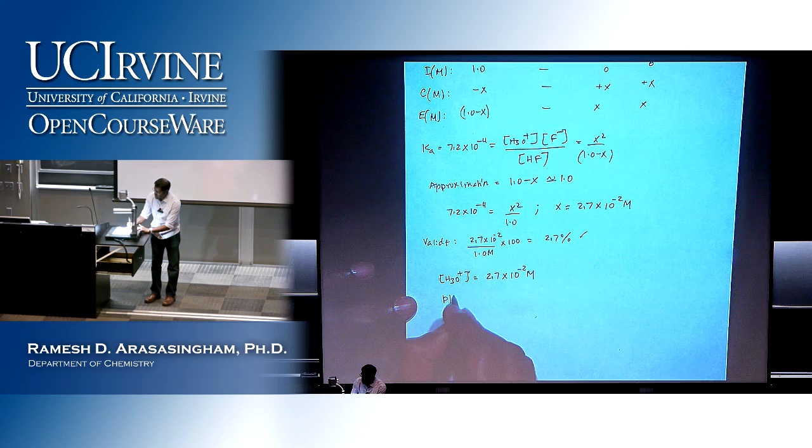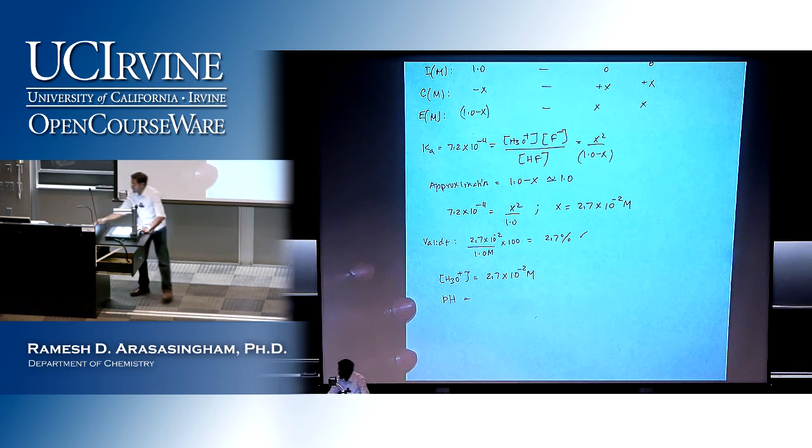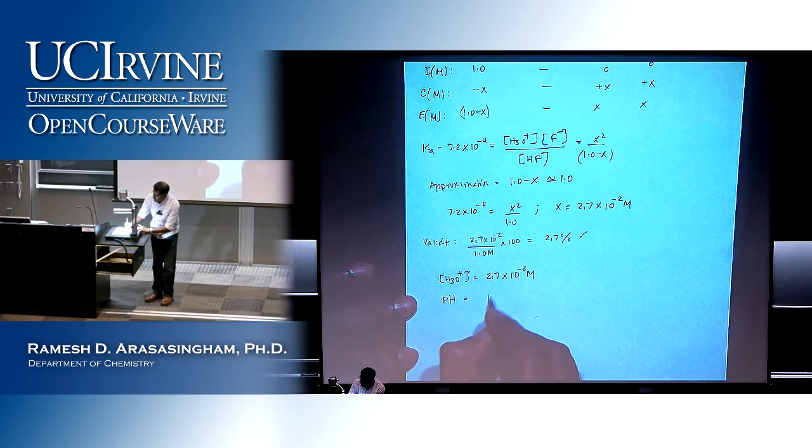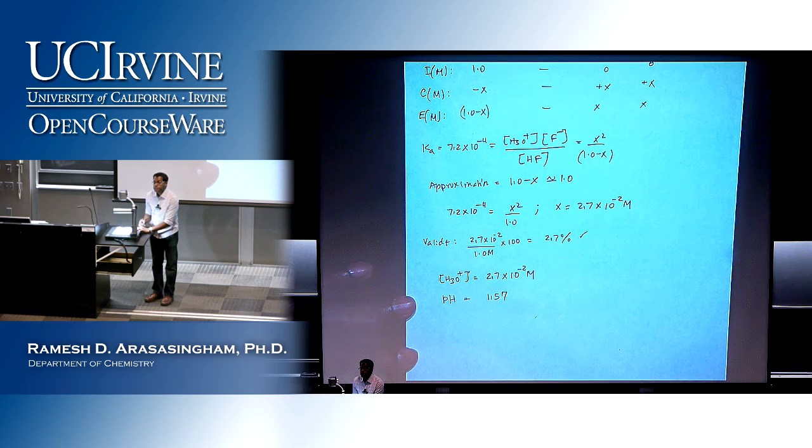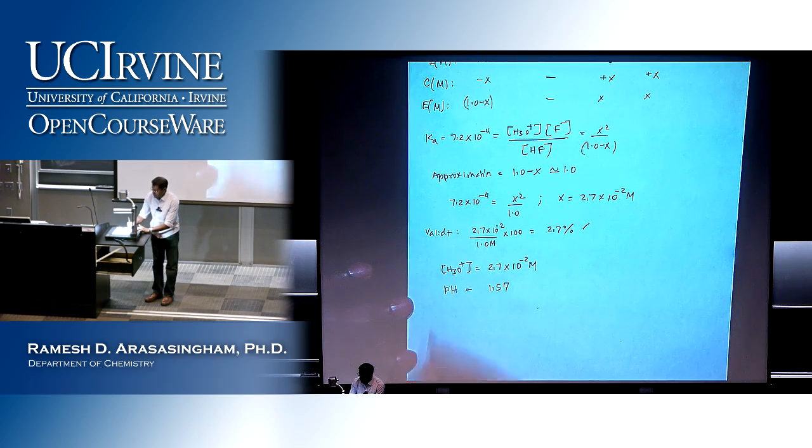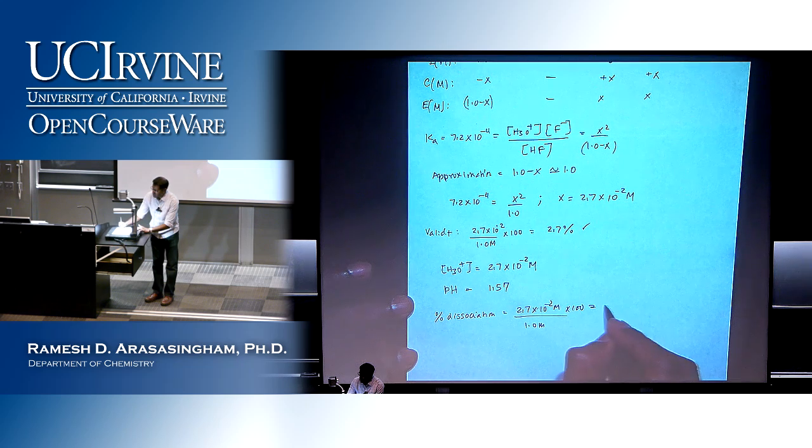If that were the case, pH would come out to be 1.57. All right? And if I want to calculate what the percent dissociation is, it's the amount that dissociated, which is 2.7 times 10 to the negative 2 molar, divided by 1 molar times 100, which is 2.7%.